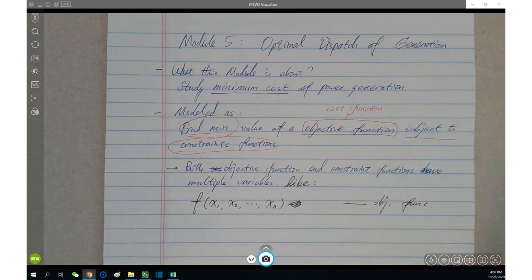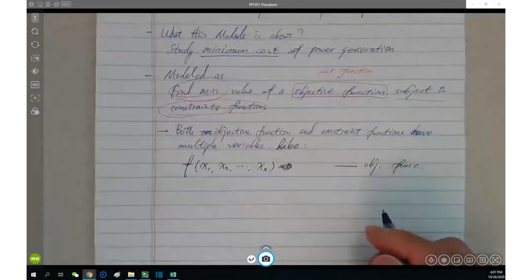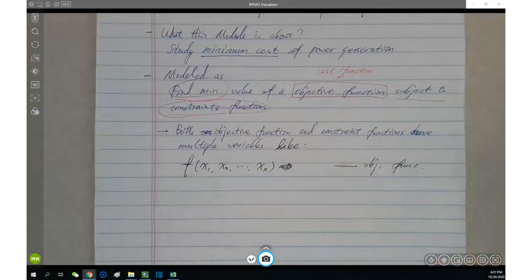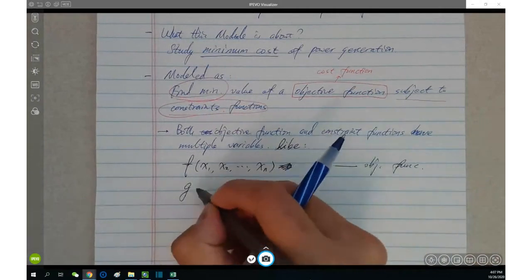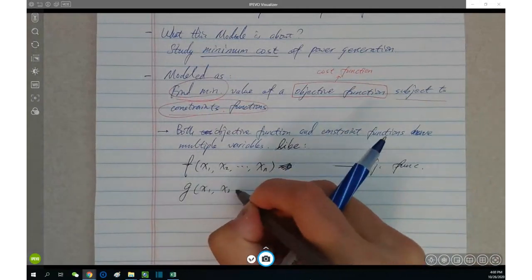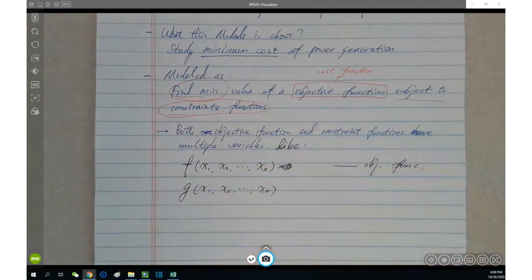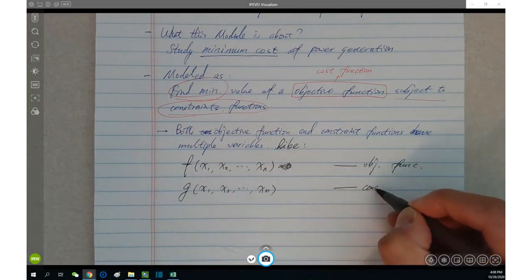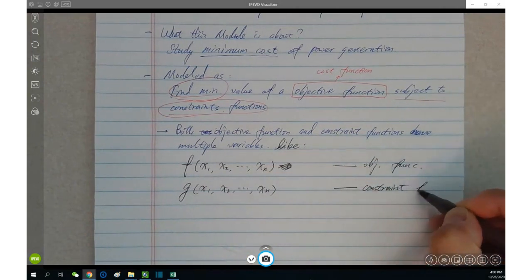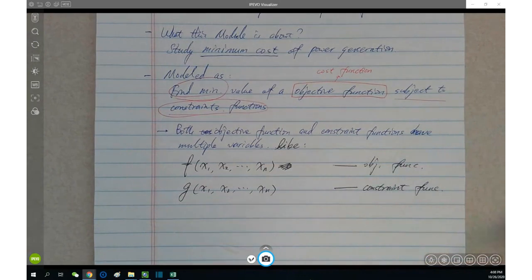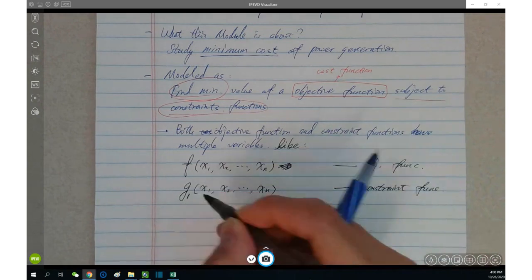Subject to constraint functions. What are they? They look like this, right? And the constraint function might be plural, might be more than one, so we give a subscript of 1.